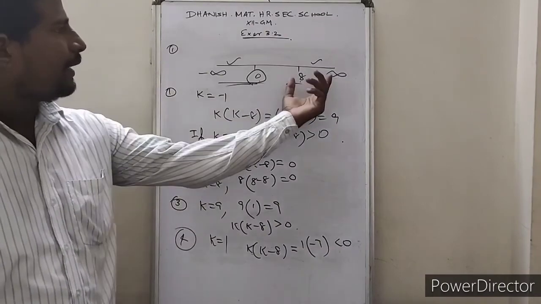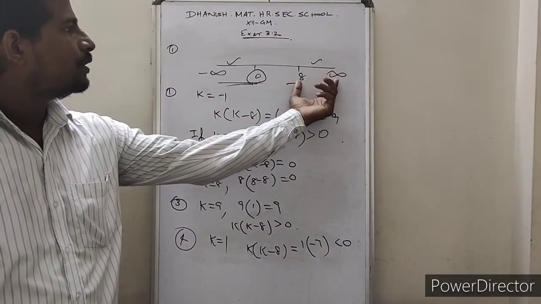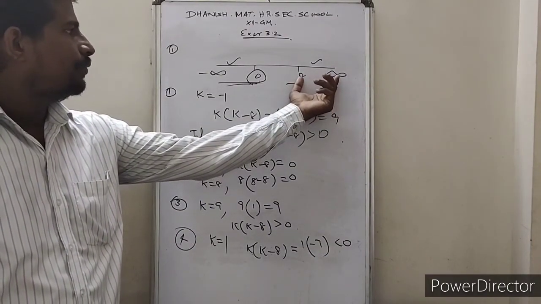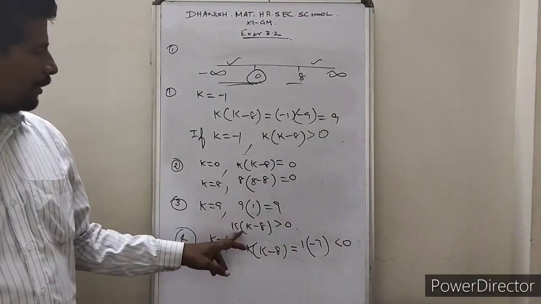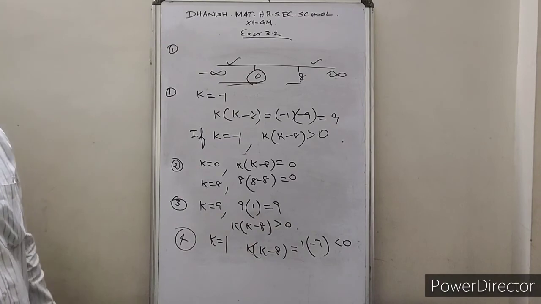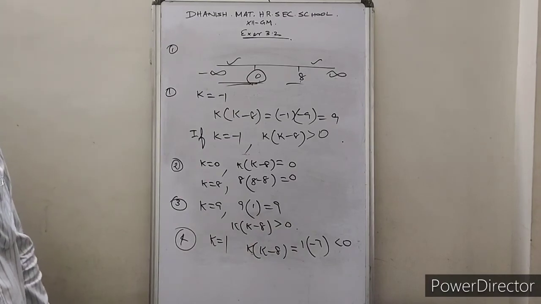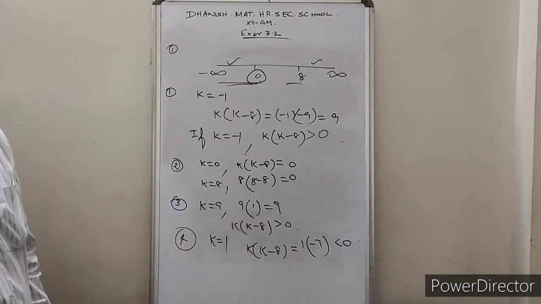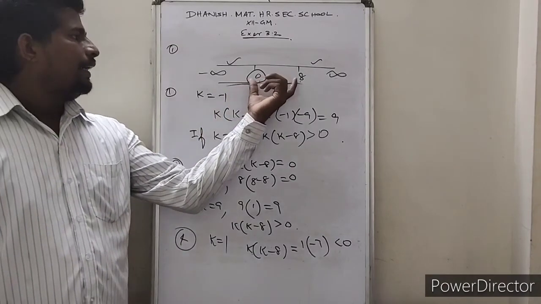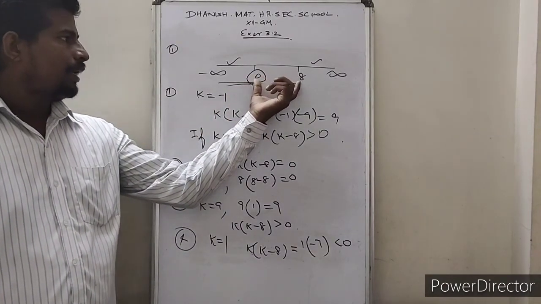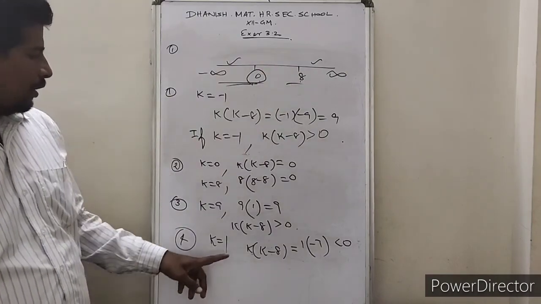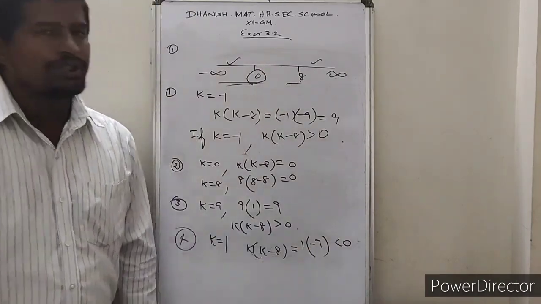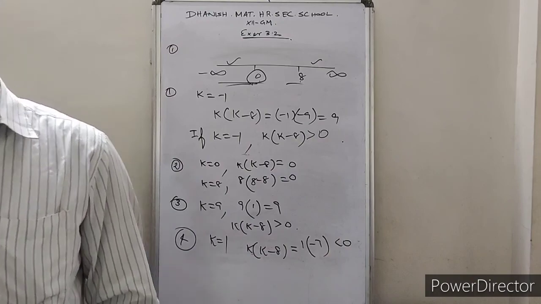When k is between 8 and infinity, our discriminant is greater than 0. So our roots are real and distinct. Now I'm going to take any value in the interval between 0 and 8. Our discriminant is less than 0, so our roots are imaginary.